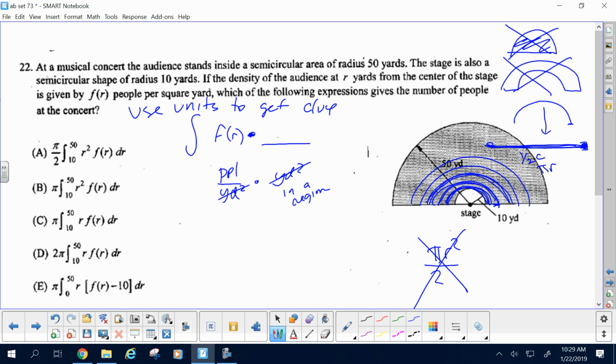That's a microscopic change in radius, which we should call dr. Okay? Therefore, the area is not a half circle's area. It's an unwrapped line's area, and it's pi r dr. And therefore, your answer is C.